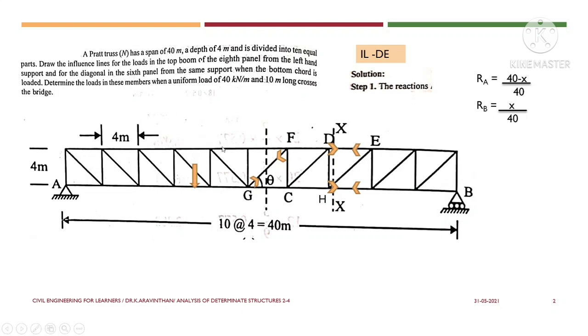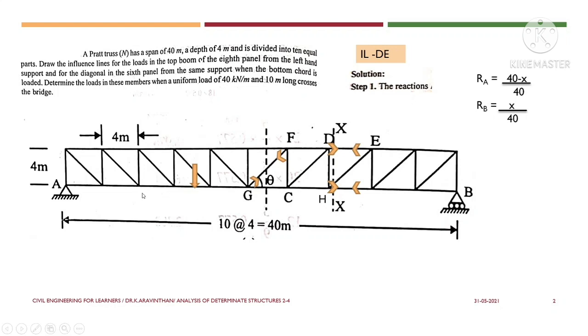The bottom members will take tensile force throughout the movement of the load, and the inclined members take both compressive and tensile force, according to the movement of load. This is the way the pattern of forces is distributed in trusses.